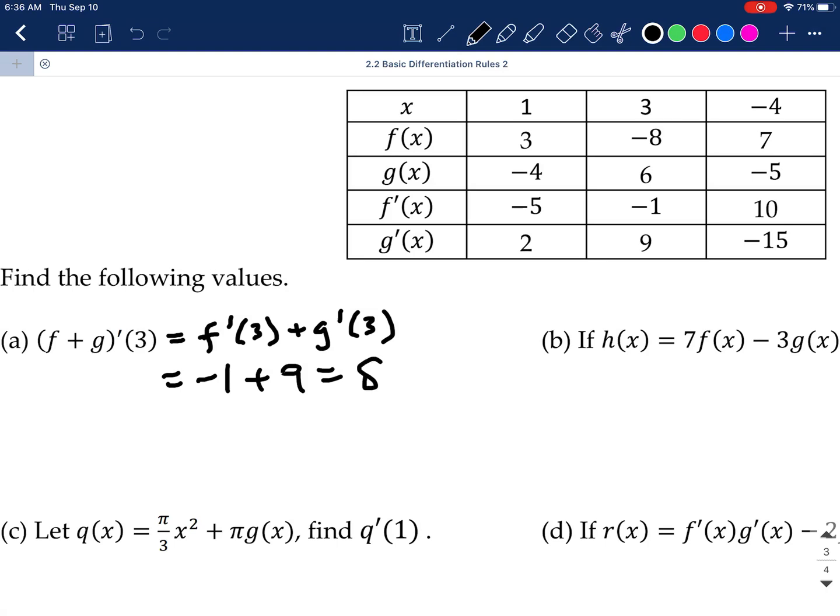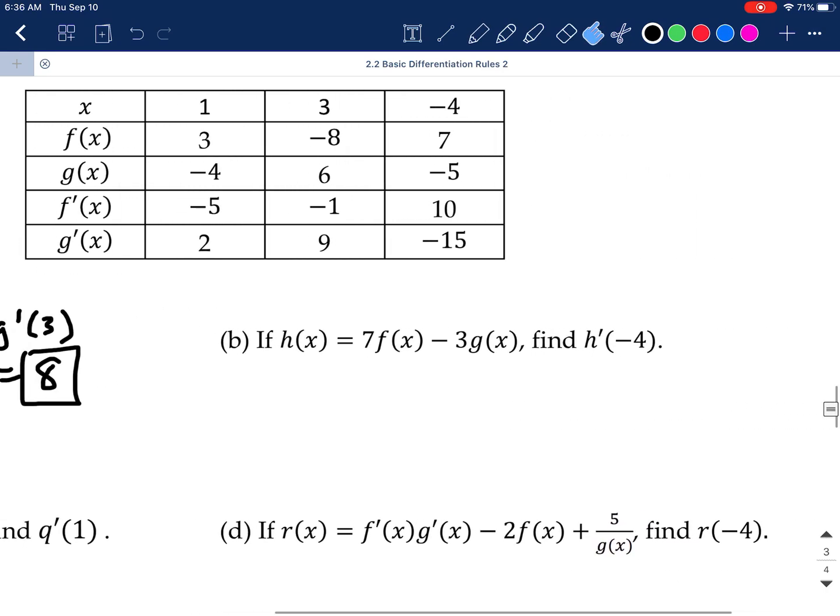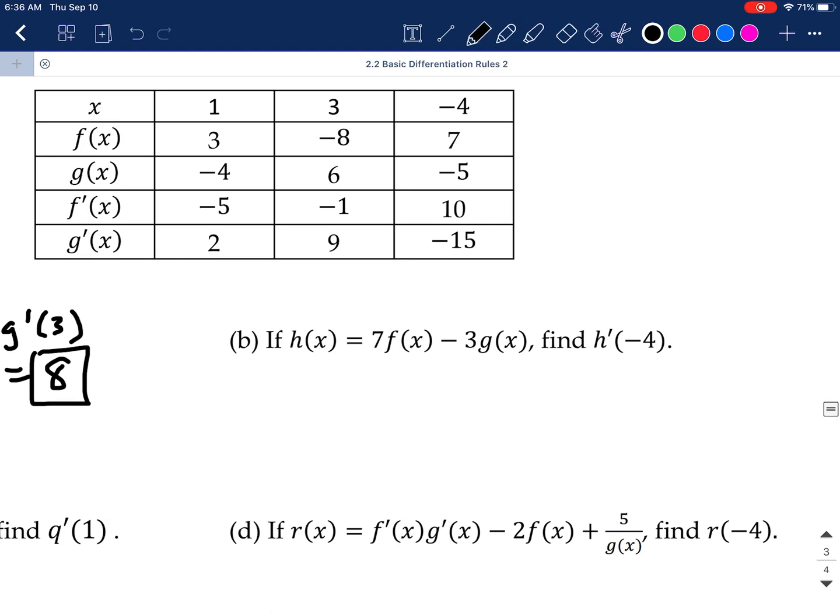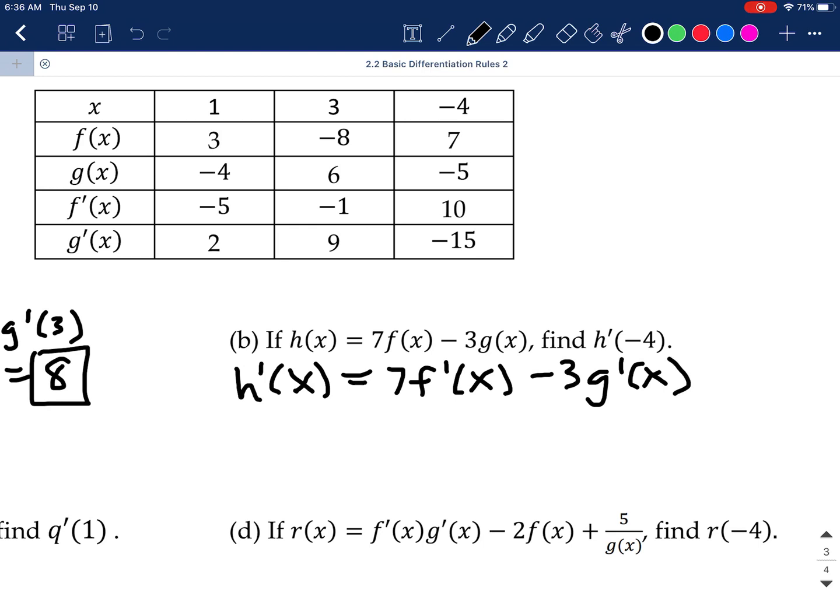So negative 1 plus 9, which is 8. Okay, and now we're going to define a new function h that is a combination of f and g. We want to find h prime of negative 4, so we'll start with h prime of x, which is just going to be 7f prime minus 3g prime.